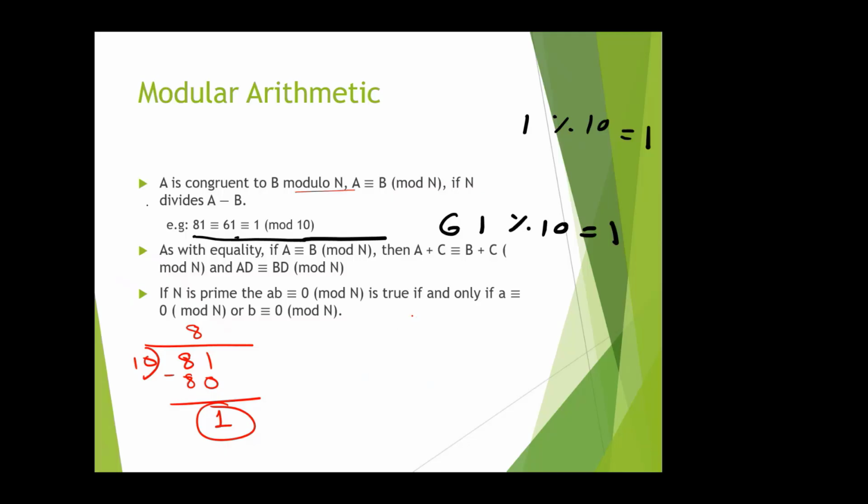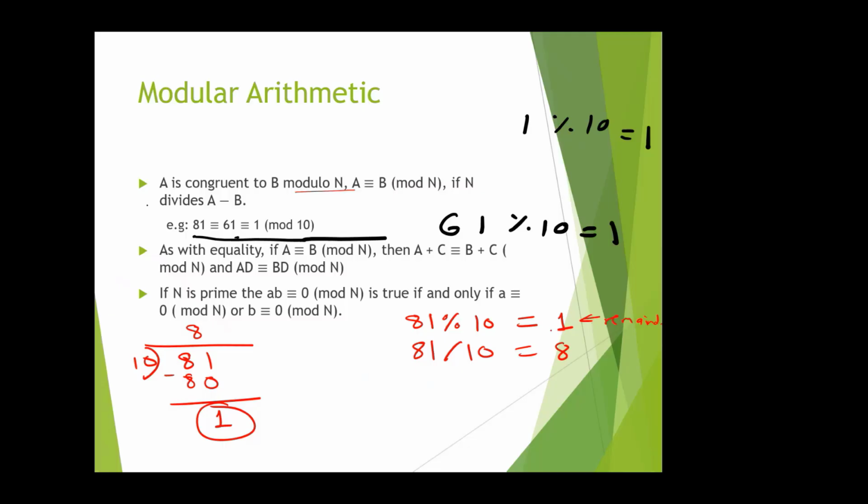This is how the remainder operation is written: modulo 10, using the percentage sign on your keyboard. So our remainder is 1. When I say 81 divided by 10, my quotient is 8, but when we say 81 remainder 10, this is the remainder.